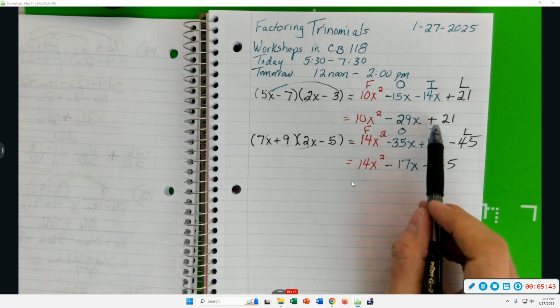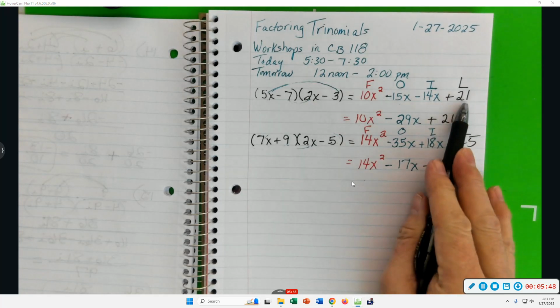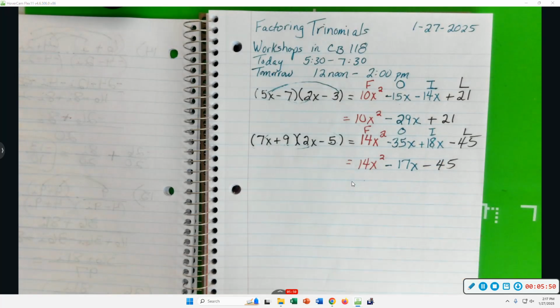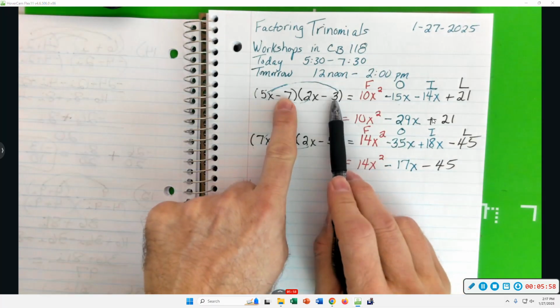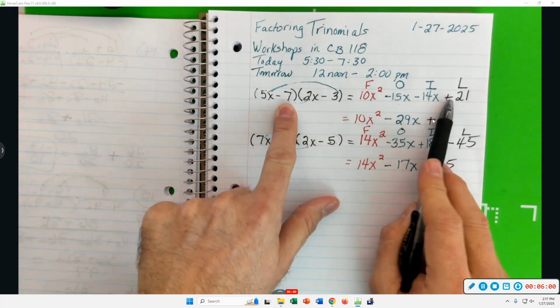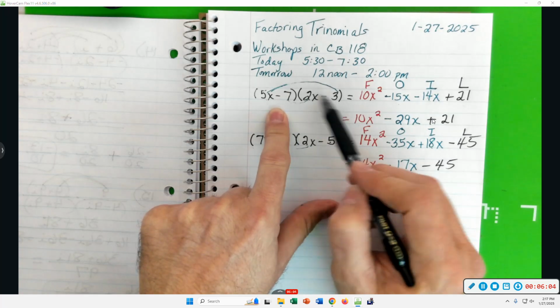What sort of numbers multiply together to give a positive 21? Well, they've got to both be positive or both be negative. The only way you're going to get these last two positions to multiply together to give a positive is if you have the same sign here and here.